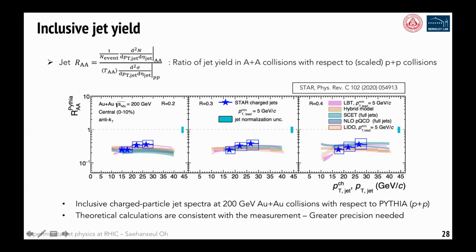So greater precision is needed. I hope that with the run in 2023 to 2025, we will have better precision, so we can comment on which calculation is better than the other. That's what I personally hope.